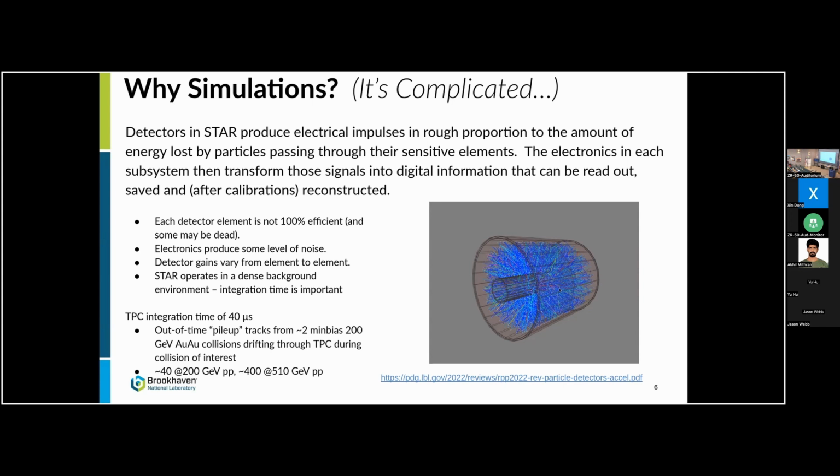And almost every single bunch crossing that exists in that 40 microsecond time window results in a minimum bias collision at a 510 GeV proton-proton environment. So there are a lot of background tracks that are present in the detector as it's being read out that you have to contend with.